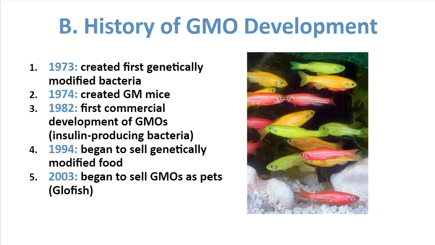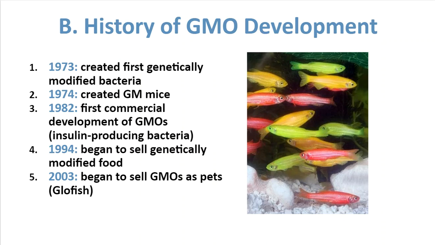All right, let's look at the history of GMO development. It's fairly new in terms of the world, but in 1973, that's when the first fish were created with genetically modified bacteria. In 1974, we created genetically modified mice. 1982, first commercial development of GMOs, so insulin-producing bacteria.